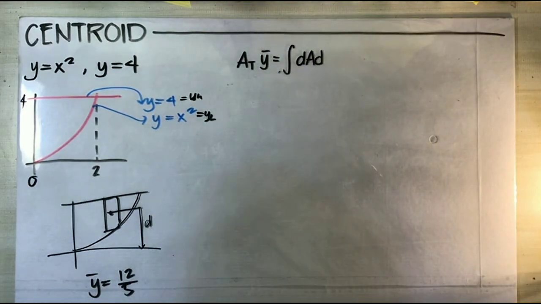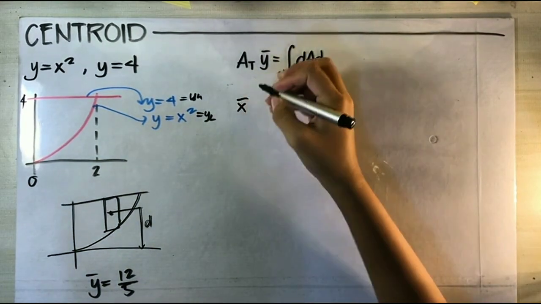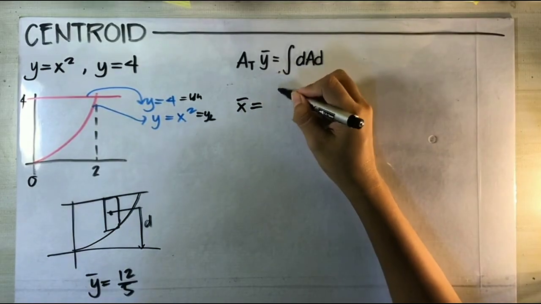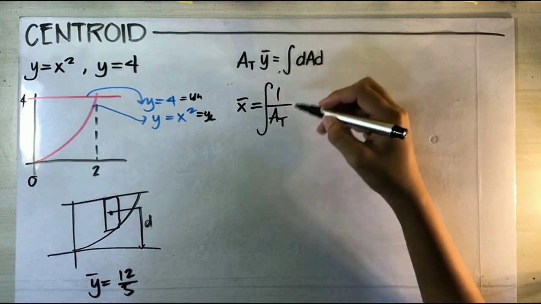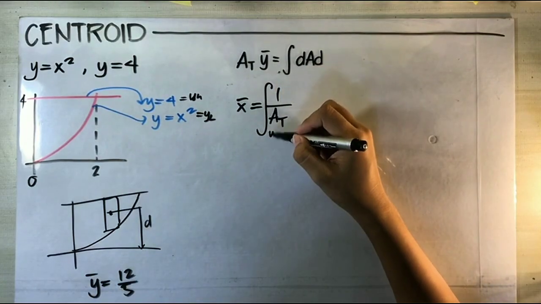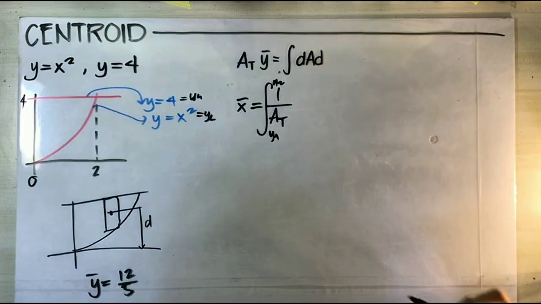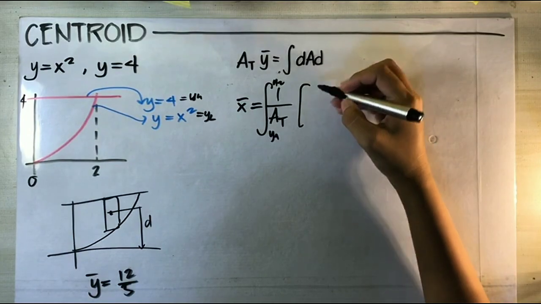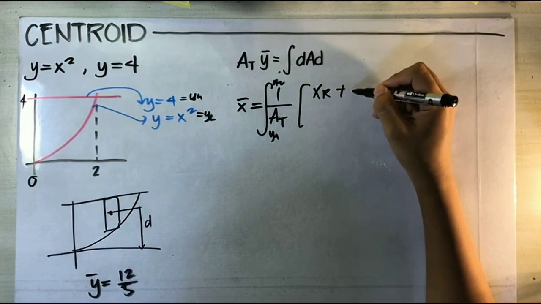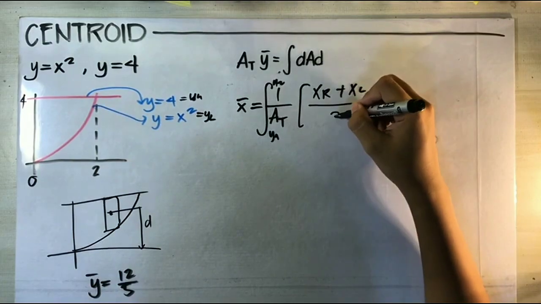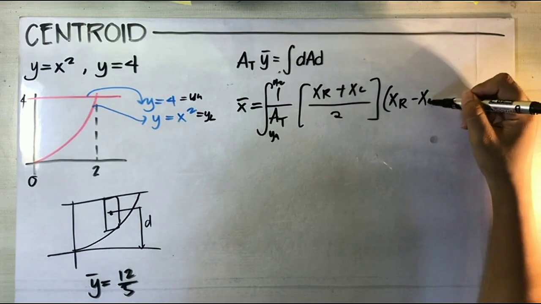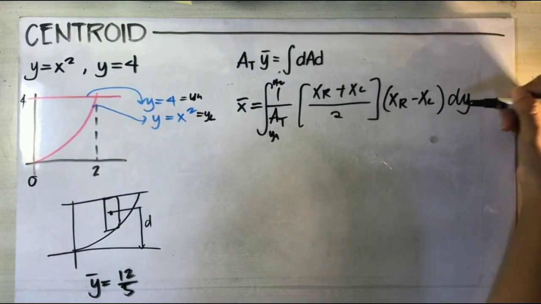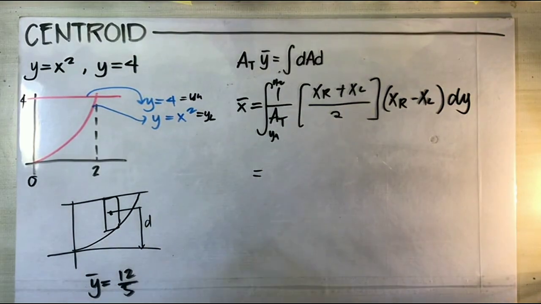So again, our x bar is equals to 1 all over area, total area, from y1 to y2 times x right plus x left all over 2 times x right minus x left dy. So we need to get the value in terms of y.